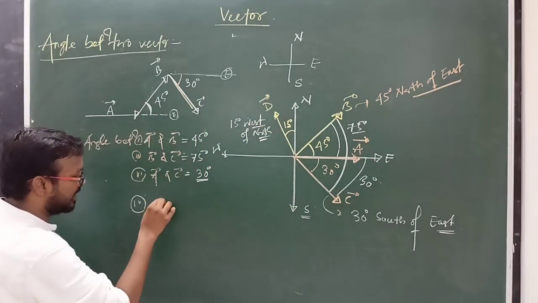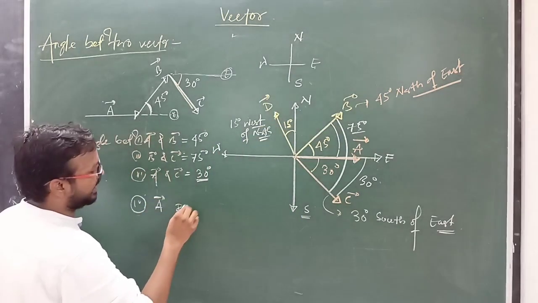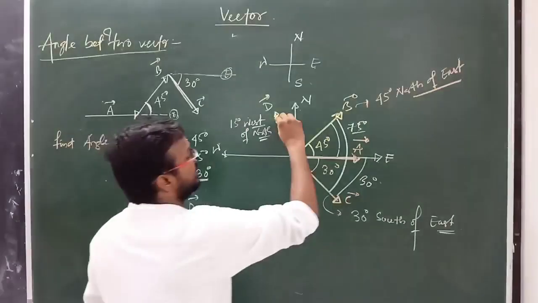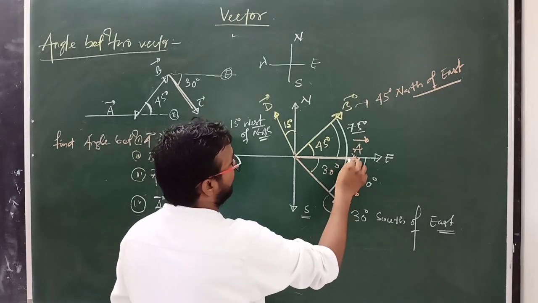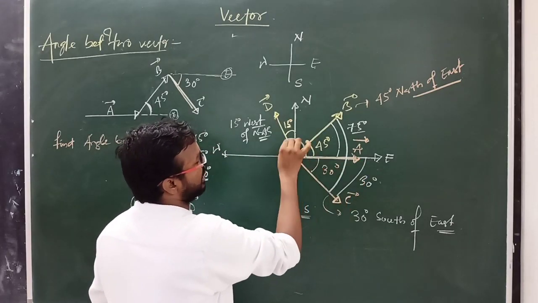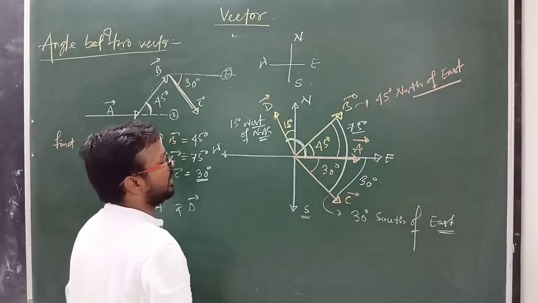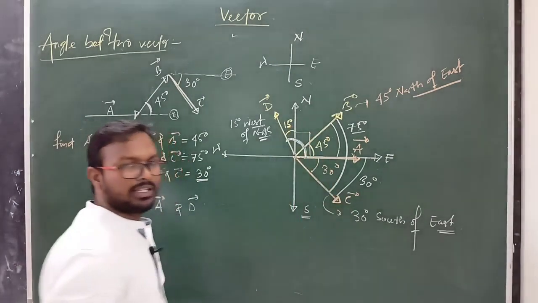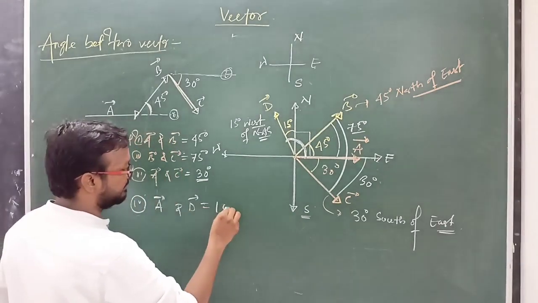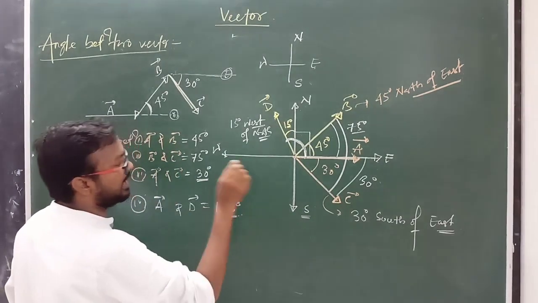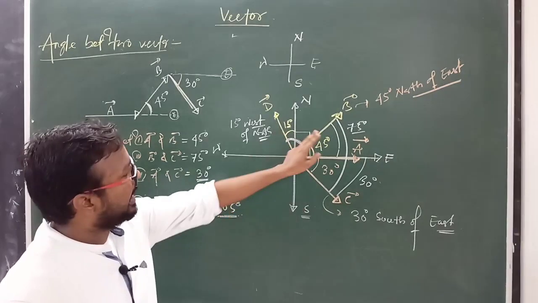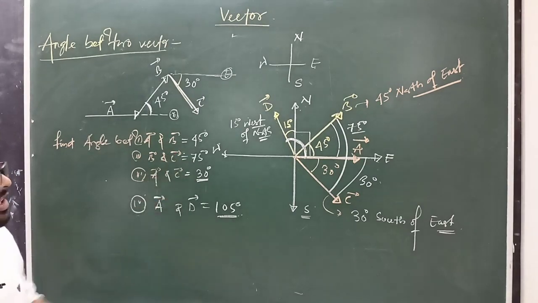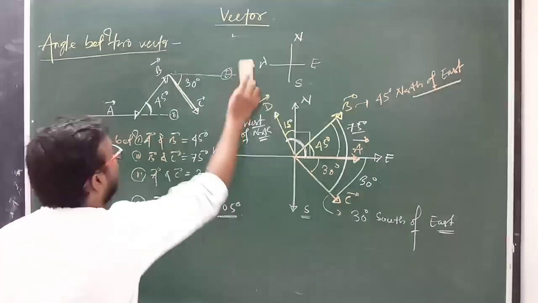Another question I am writing here, find the angle between A vector and vector D. So what is the angle between A and D? This is A vector and this is D. So this total angle is known as the angle between A vector and D vector, because total angle is 90 plus 15, 105 degree. In this way you can calculate the angle between any other vector quantity. Clear? So these are all about how to calculate the angle between two vectors.